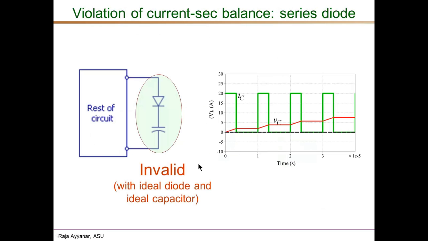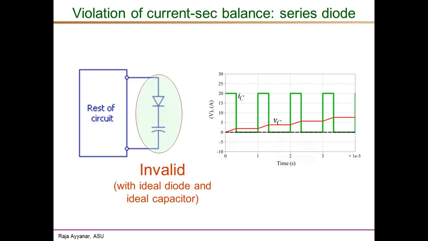In the volt-second balance principle for an inductor, we saw that when we have a diode directly across an ideal inductor, that circuit will not result in steady state. The reason was, in that case, the VL average will be a positive value, and the inductor current would continuously rise.